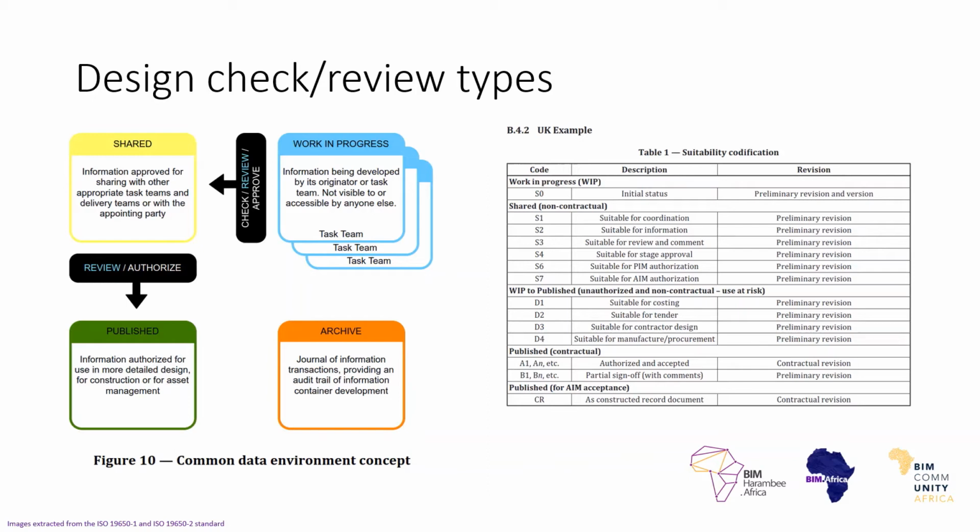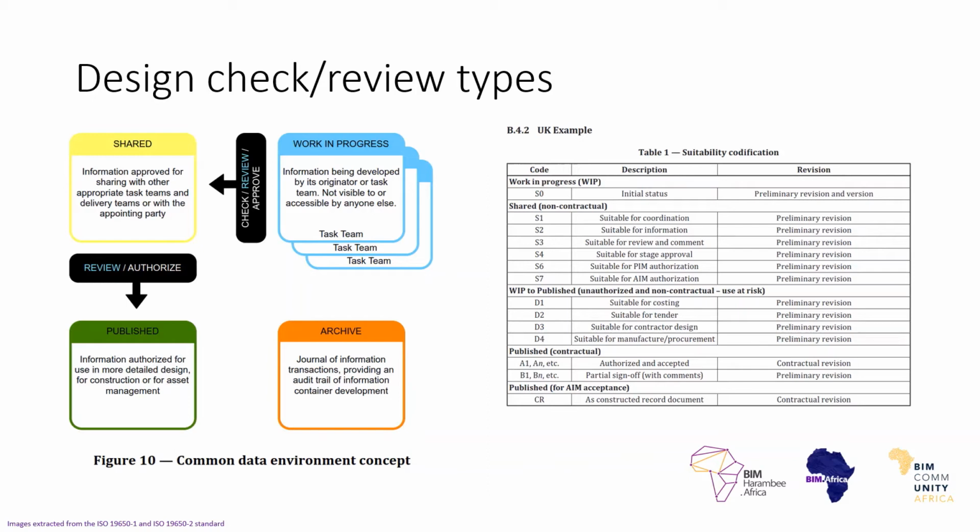One of the key things that also comes out of the ISO standards is the suitability codes, and I'm still not really seeing this implemented on projects in South Africa. Possibly because people are still wrapping their heads around how they change their file naming standards and how they actually achieve this within some of the platforms that they're working in day to day.